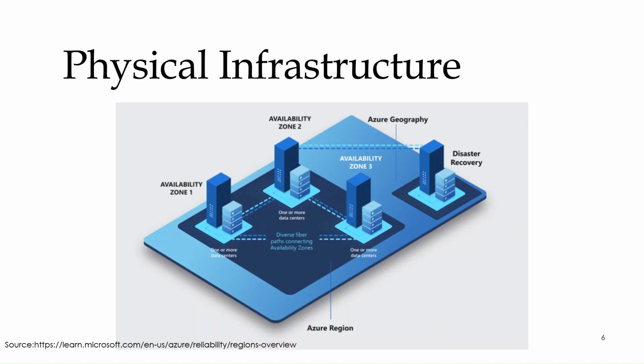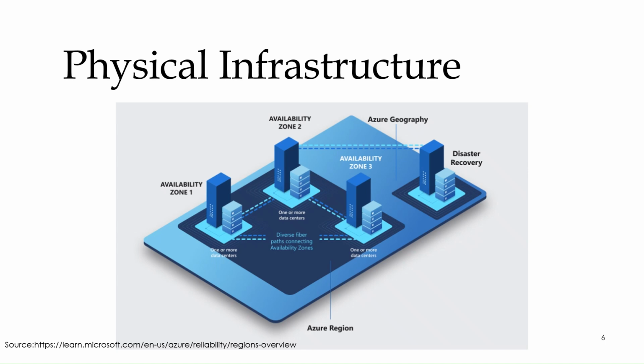Let's understand the physical infrastructure of Azure. The physical infrastructure for Azure starts with data centers. They are facilitated with resources arranged in racks with dedicated power, cooling, and networking infrastructure. As a global cloud provider, Azure has data centers around the world.